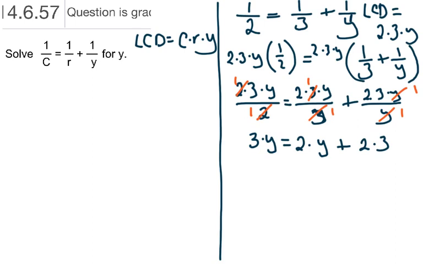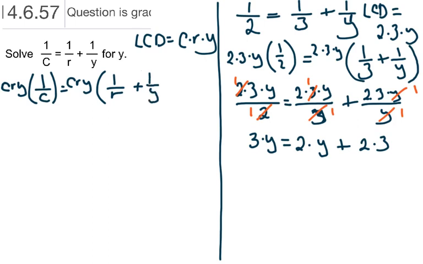We'll do the same thing on the left-hand side. So we're going to multiply both sides by CRY times 1 over C, CRY times 1 over R, and I'm leaving out the dots in between the C, the R, and the Y, just because the letters right next to each other generally means multiply. If you want to leave them in, you can, but I'm just going to leave them out right now. And then we'll repeat. So same thing.